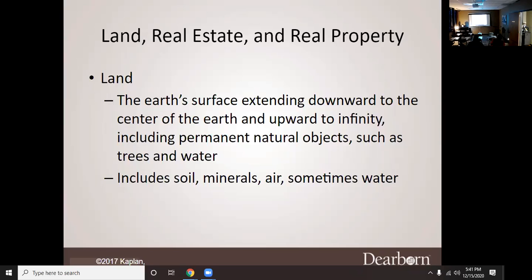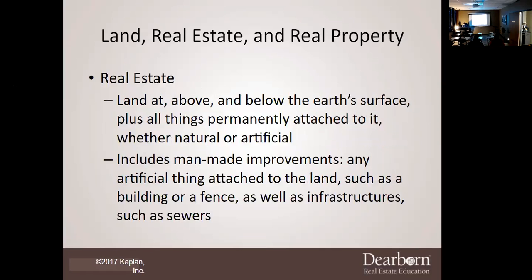Now you may be saying, why in the world are you spending this much time talking to me about land? Well, because when you get into our next slide, where we start talking about real estate, we have a little bit of a difference here, and this is where it can be confusing to some people. Most people, when they talk about selling their home, say, I'm going to sell my real estate, or I'm looking to buy some real estate.